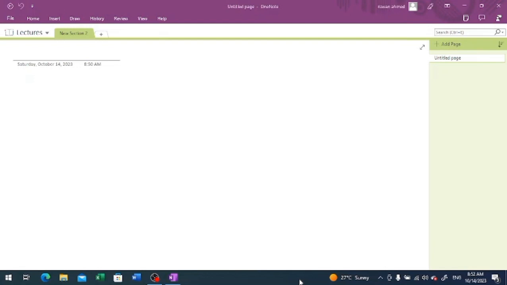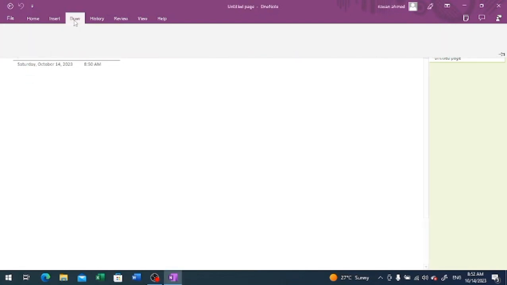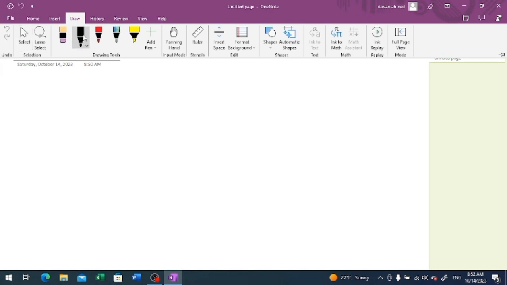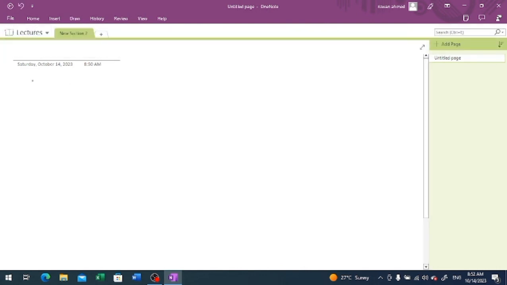Whenever we state the behavior of a random variable x when it follows normal distribution, this is how we write it down: X follows normal distribution with mean mu and variance sigma square.